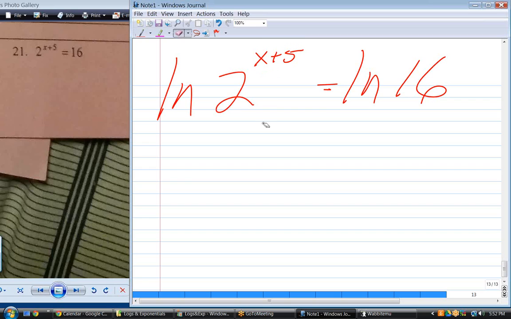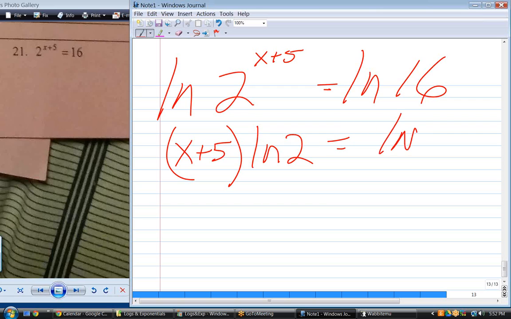Could you do x plus 5 natural log 2? Yeah. In other words, that third rule regarding logs allows me to bring any exponent, no matter how complicated, down in front like that. Now what? Divide both sides by natural log 2.